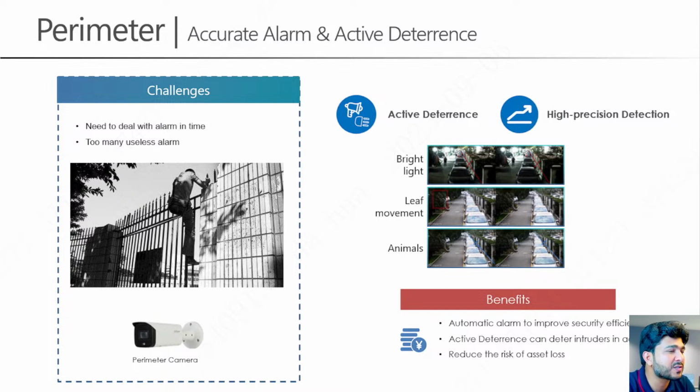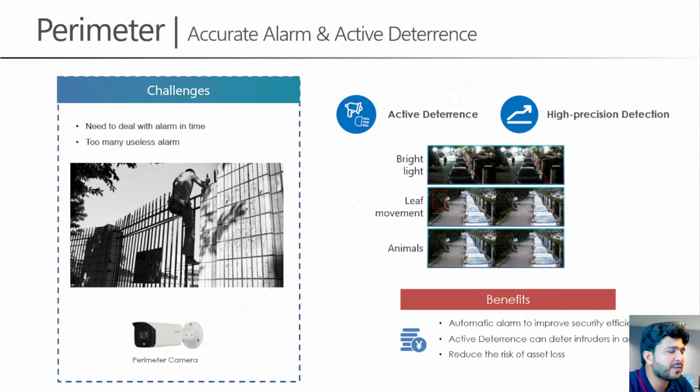It will create more and more false alarms. But in our cameras, we can define the object type, like a human being or a vehicle. If the movement or intrusion is by a human being or vehicle, then only it will be considered, the rest it will discard. In this way we can reduce false alarms as well. So in the perimeter, we have active deterrence and high precision detection also.